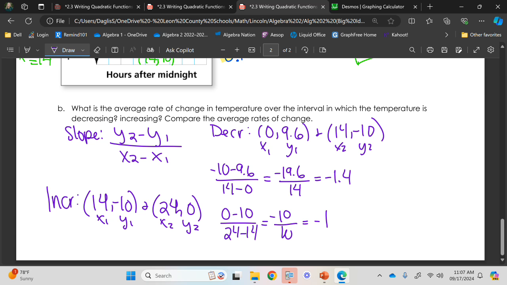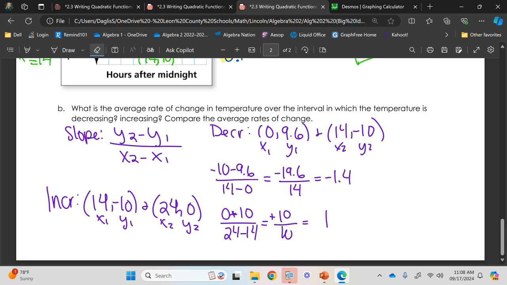Hold on, what happened? Right here, see how this 10's already negative? Because we're increasing, right? That's how I knew we got a sign mixed up somewhere. Right here, it should be 0 minus negative 10, which really becomes what? Plus 10. Erase. Thank you.